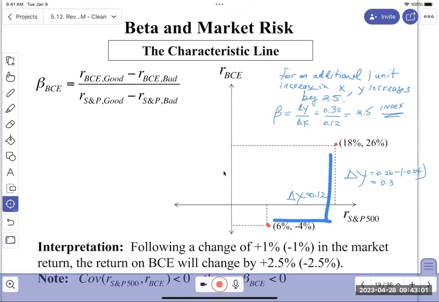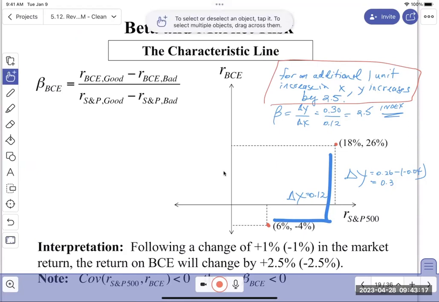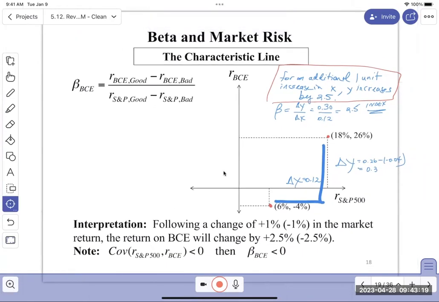That's the slope. So in terms of the variables, following a positive 1% change in the market return, the return on BCE will change by 2.5%.